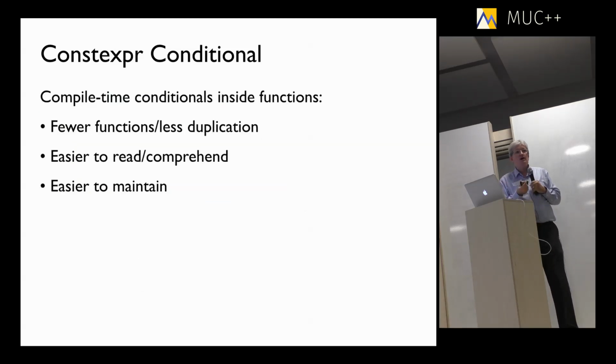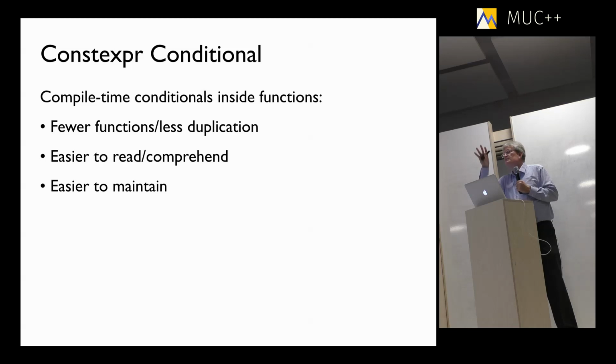So I think that this approach is going to be way more popular than the approach that's at the function granularity. Why? Well, fewer functions, less duplication. Right? If you're duplicating the function, you may not duplicate much, but you're at least duplicating the name of the function. You know, there's some duplication going on. And what does that mean? That means it's harder to read and comprehend. It's easier to read one function that has, you know, a compile time if in the middle than to say, okay, I have this function and I have this.